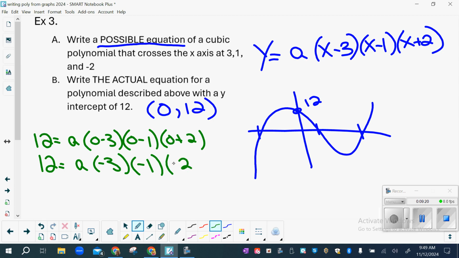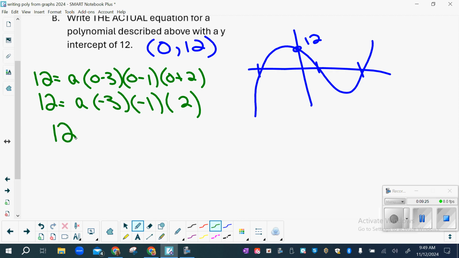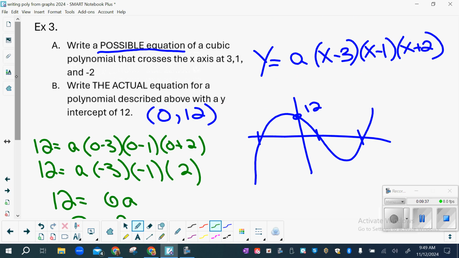Oh, 2. 12 equals 6A. Did you get A equals 2? Did you get 2? Everyone filling it? A equals 2? Is that the right answer? No. We got to go back to this guy and pop this guy in, right?